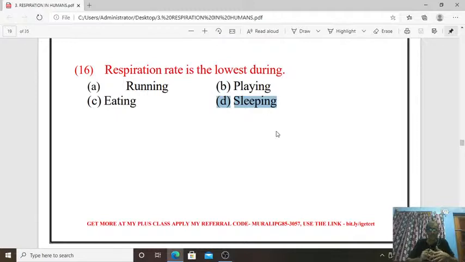Just to regulate the common physiological functions during sleeping, the rate of respiration is slowest, with the least requirement. But during playing, running and eating, of course during playing and running it is very high. So answer is D for 16th question.